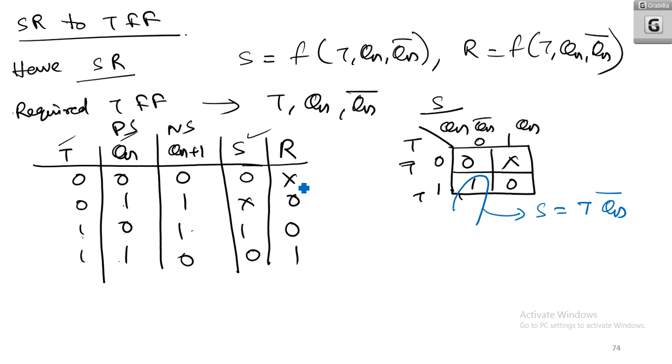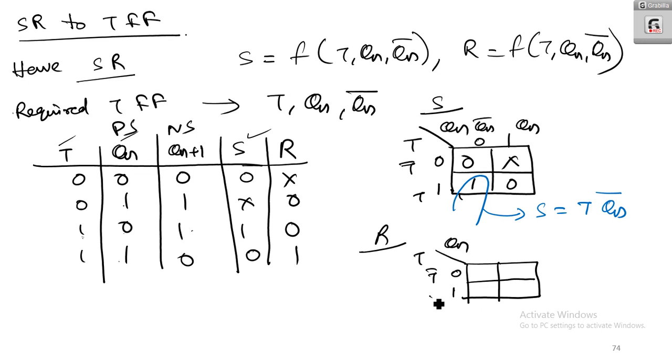Now I need to find an expression for R also. For R also I am drawing the truth table K-map in terms of T and Qn, with T bar, T and Qn bar, Qn.